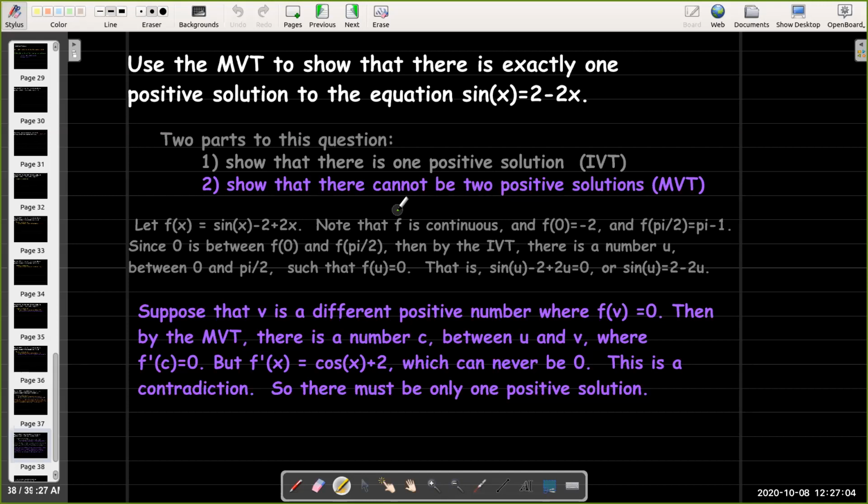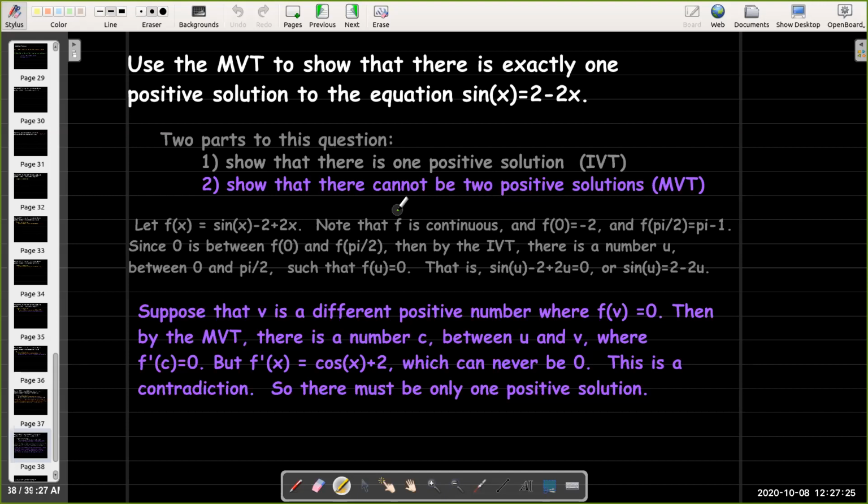But if we look at the formula for f prime, it's going to be cosine of x plus 2. That can never be 0. The smallest that cosine of x can be is -1, and -1 plus 2 is still positive. So we get a contradiction.